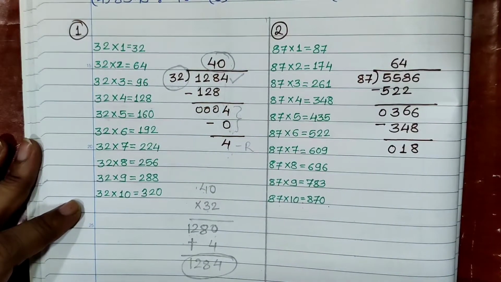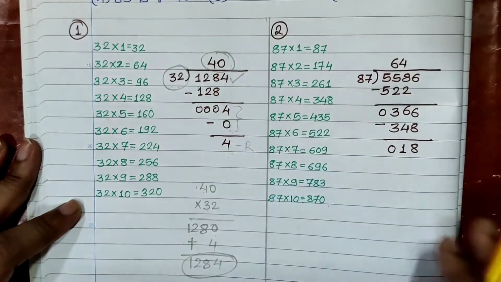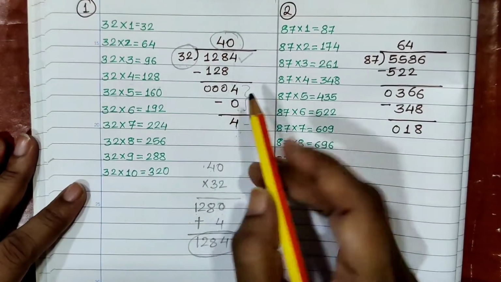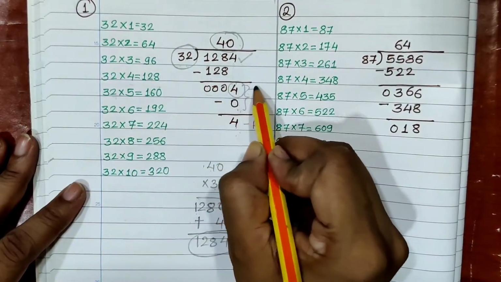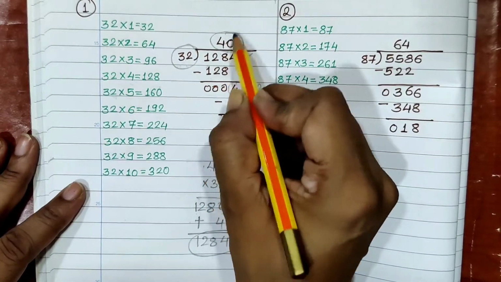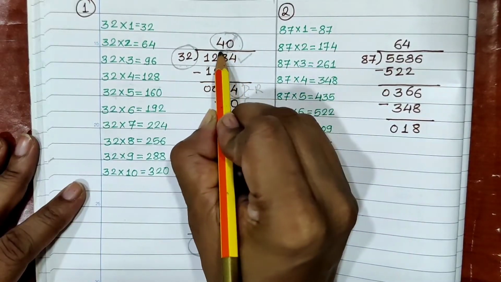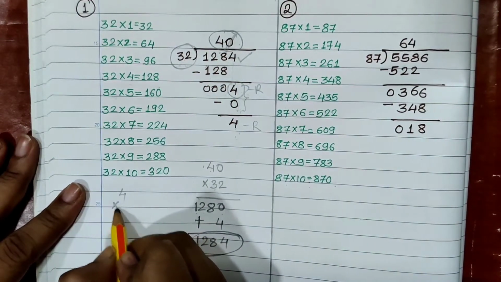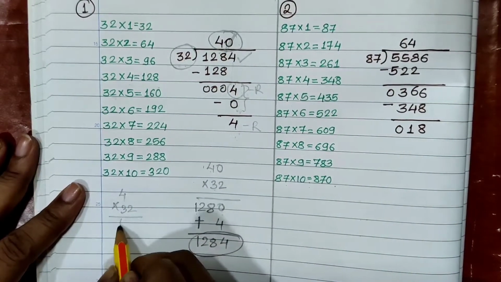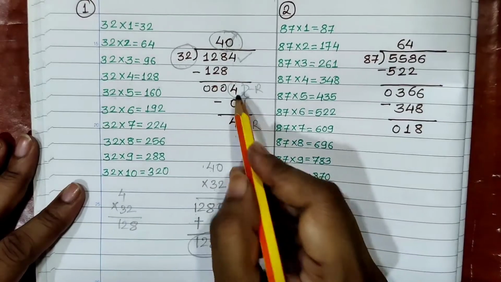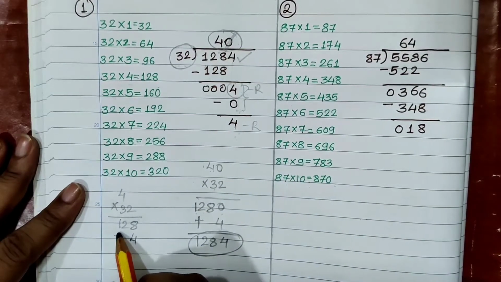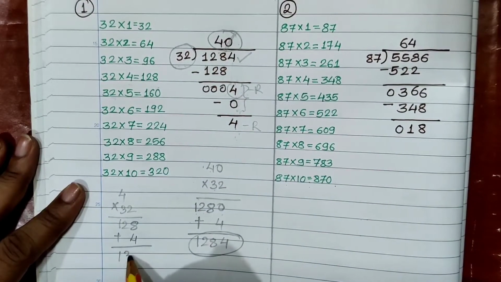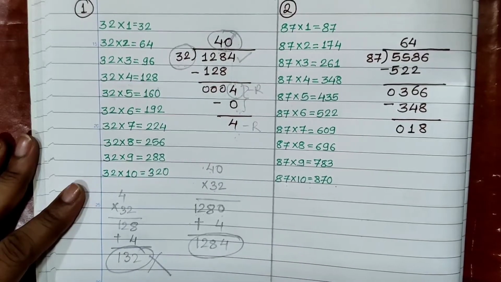So see that the steps should be completed. If you don't complete this step, and if you write 4 as the quotient only and don't put 0 over here, what will you get? 4 into 32 will be 128, and then when you add this 4, the answer will be 132, which is totally wrong.